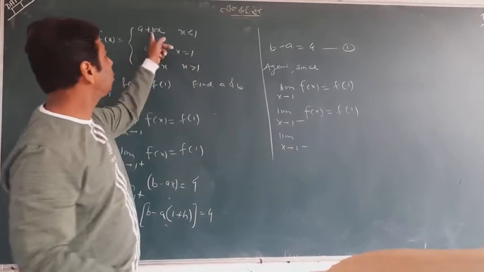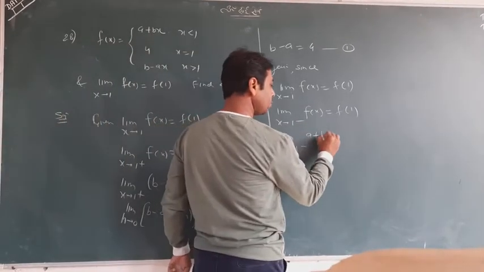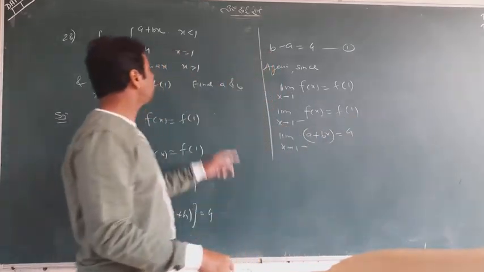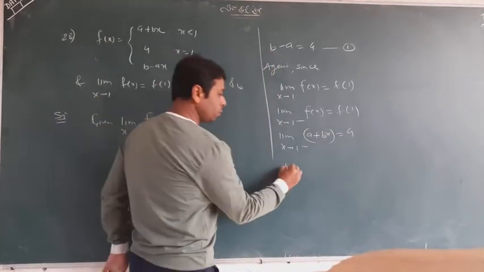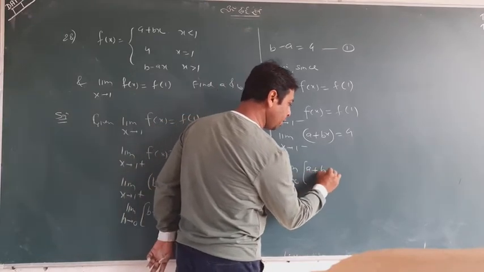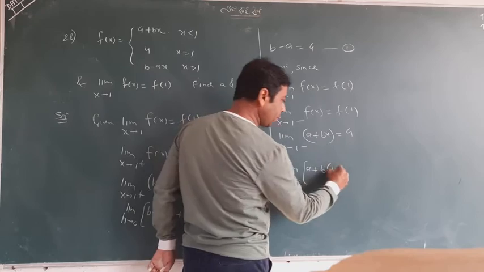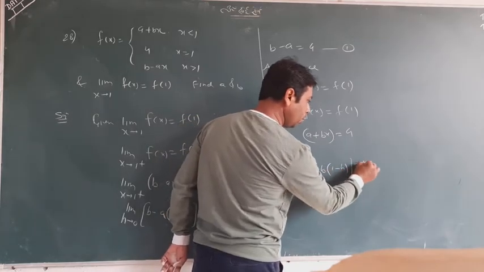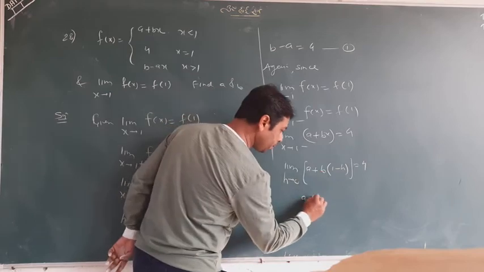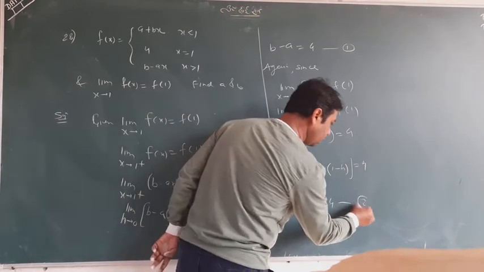For x less than 1, it is a plus bx, and f of 1 means 4. So I will change to h tends to 0, a plus b, instead of x I will write 1 minus h, equal to 4. Now I will put h tends to 0 and I will get a plus b equal to 4. This is equation number 2.